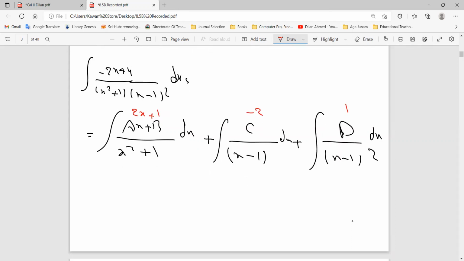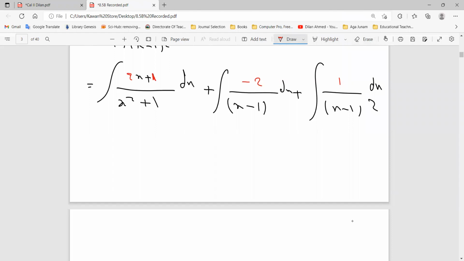So I'm going to substitute that value here. So I is equal to 2x plus 1, minus 2, again 1, and here we are.